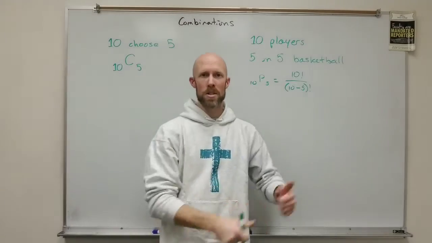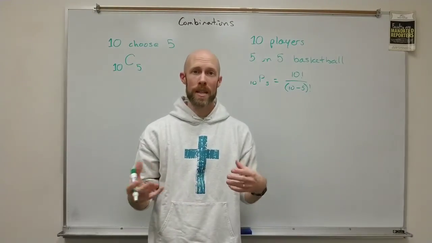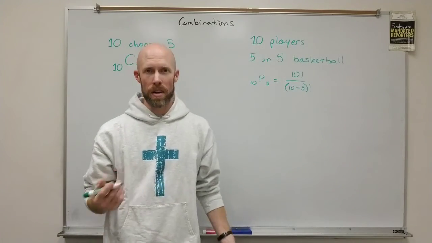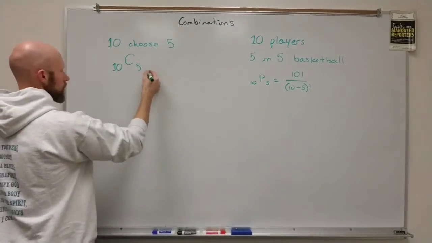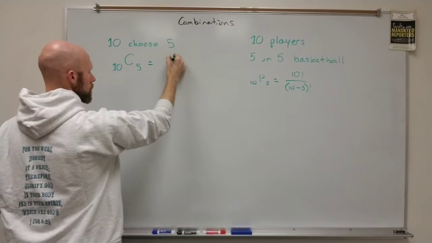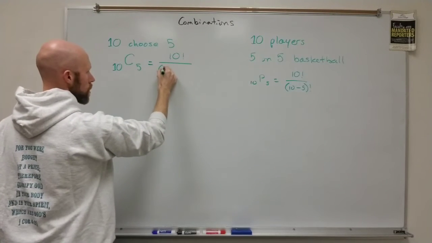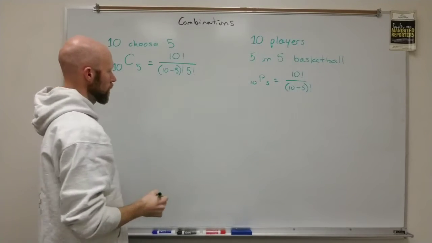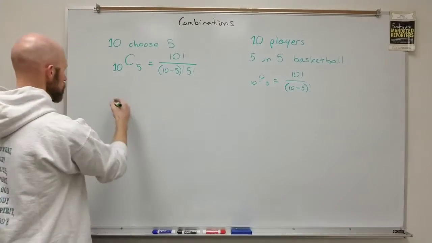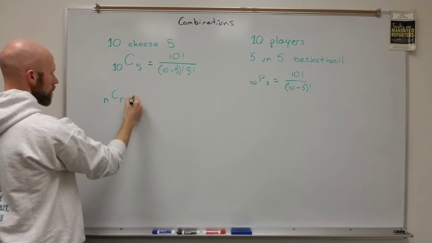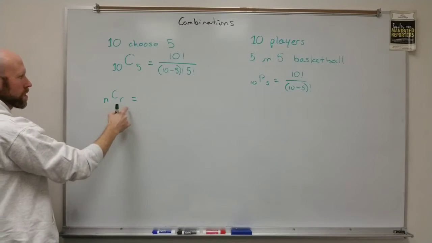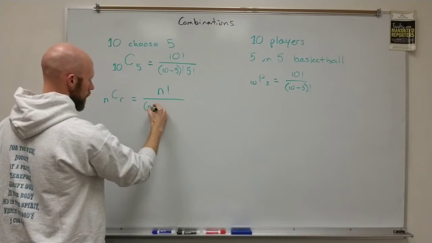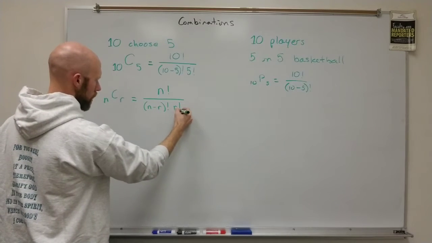So there are fewer combinations than permutations, and the way you get the actual number is by taking the permutations and dividing out another 5 factorial. So the formula in this case would be 10 factorial over 10 minus 5 factorial times the remaining 5 factorial. As a general principle, if you take n choose r, the formula is n factorial over n minus r factorial times r factorial, right?